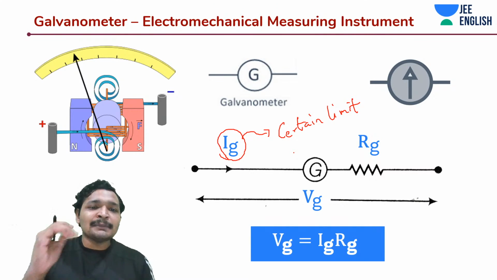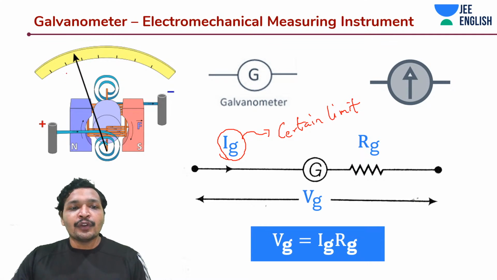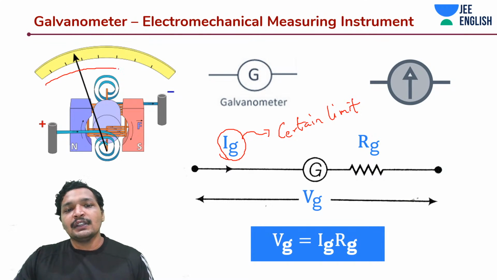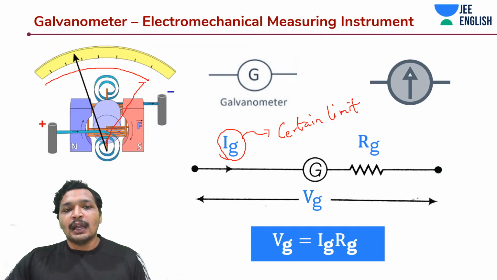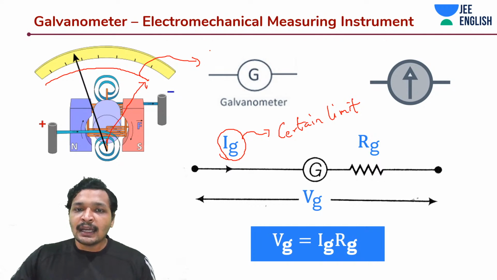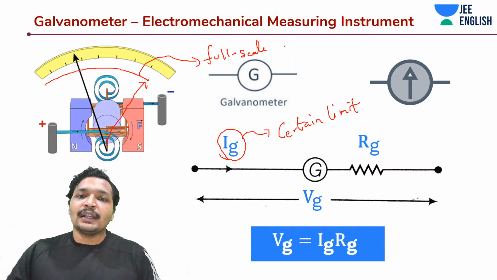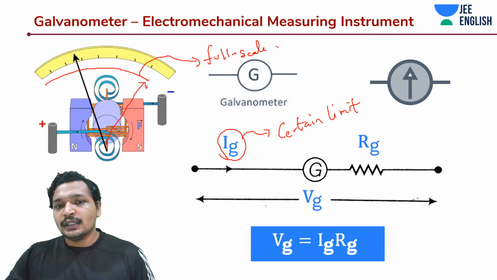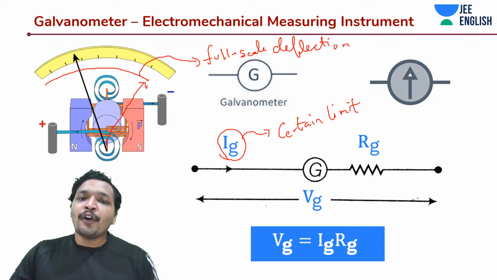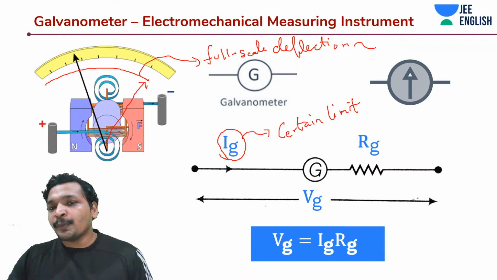And this maximum current will give full scale deflection. Let's say now the pointer comes over here, and when this full scale deflection happens, there is a certain current flowing in it. This is called full scale deflection, the maximum deflection on the scale, and for that there would also be a corresponding current. Okay, resistance is constant.